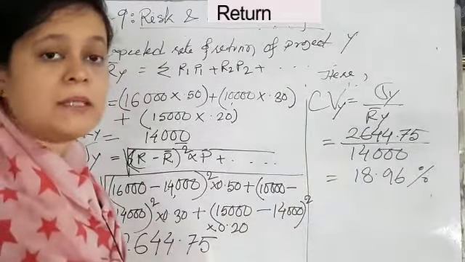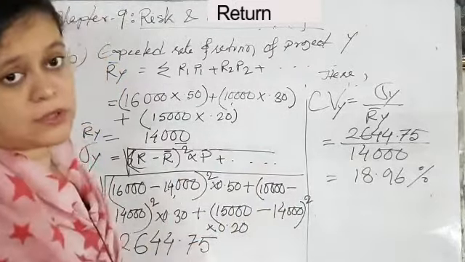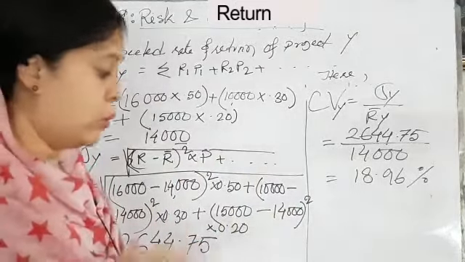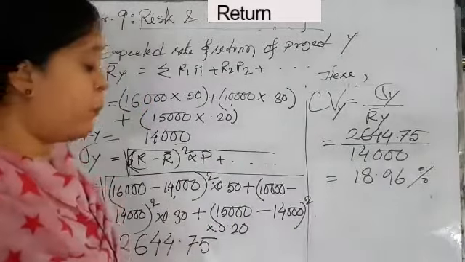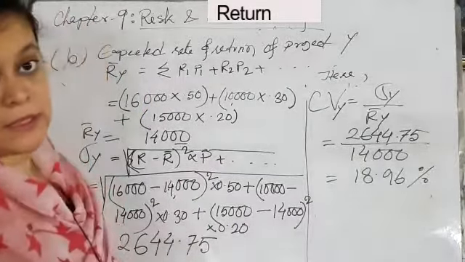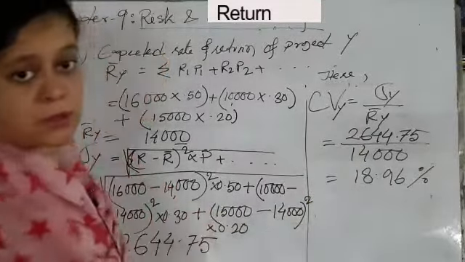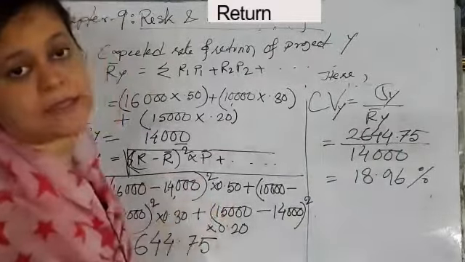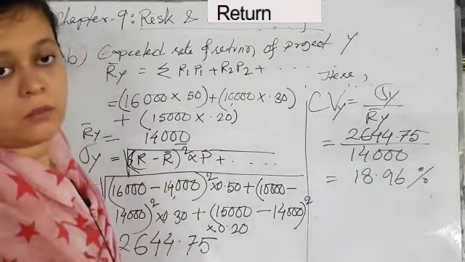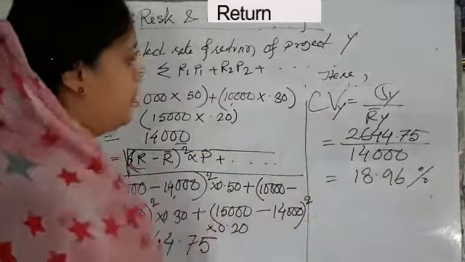More amount means more risky and less amount means less risky. Whatever we know, the CVx equals 20.86% and CVy equals 18.96%. So Mr. Ali should invest in project Y, second project. Why? Due to the less amount of CV.